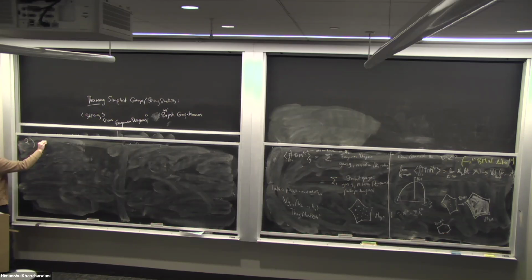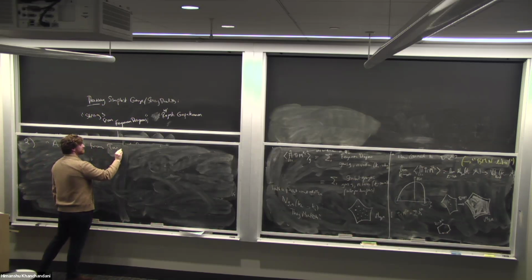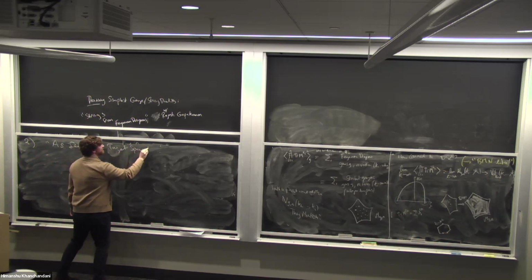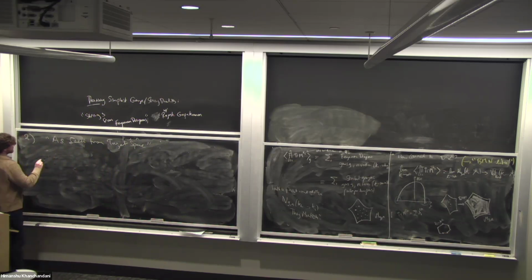Okay. So the second half, if you want, is the story as kind of seen from the target space. And so what is going to be the idea? So what I want to do is I want to start with my Feynman diagrams, and I want to write these as some sort of maps. So this A-model string theory is a sum over holomorphic maps.